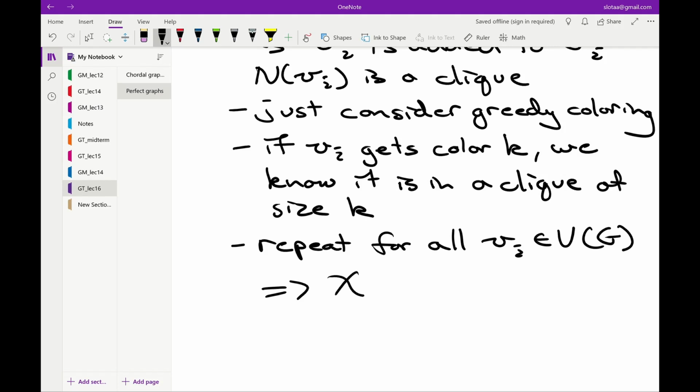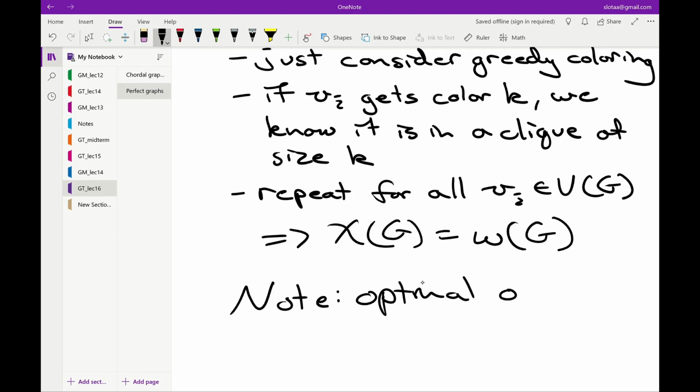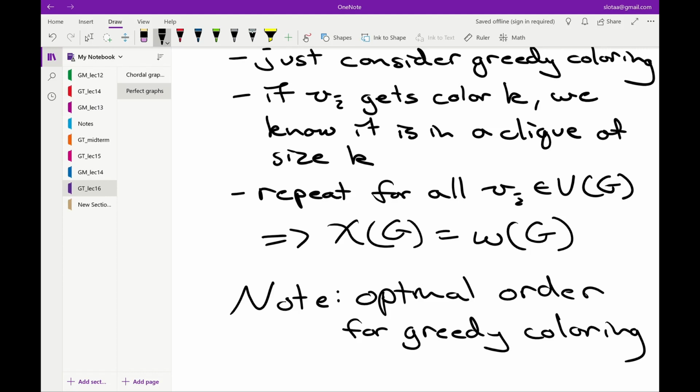That gives us a coloring where the max color is equal to the max clique size. And note something else, tying it back to some stuff we talked about before: optimal order for greedy coloring. That simplicial elimination ordering correspondingly also gives us an optimal ordering, if we consider it in reverse ordering and color in that way.